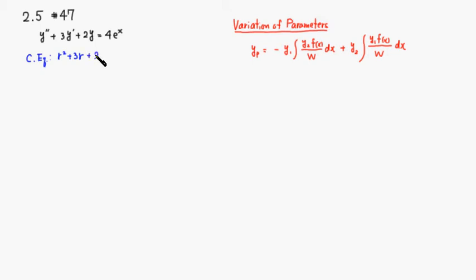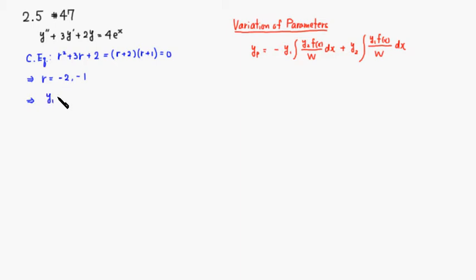We can factor this as (r + 2)(r + 1) = 0, which means we get two distinct roots, -2 and -1.